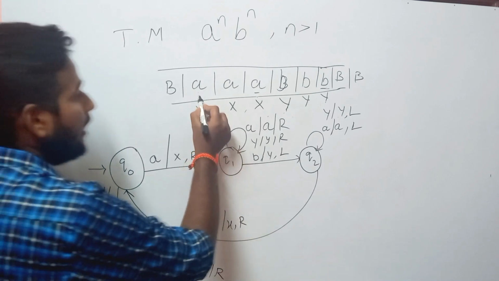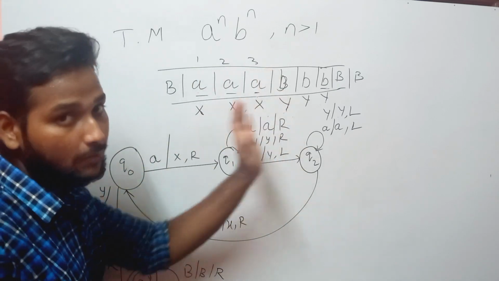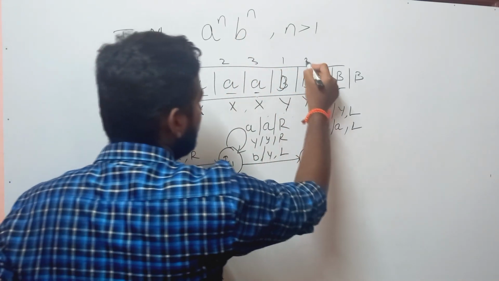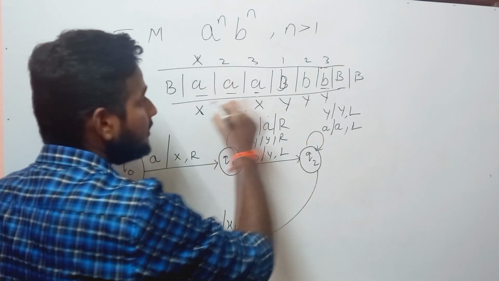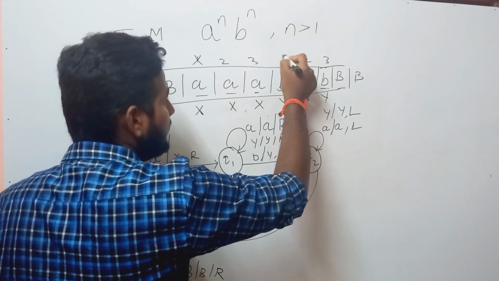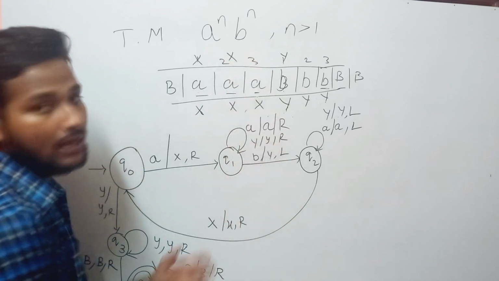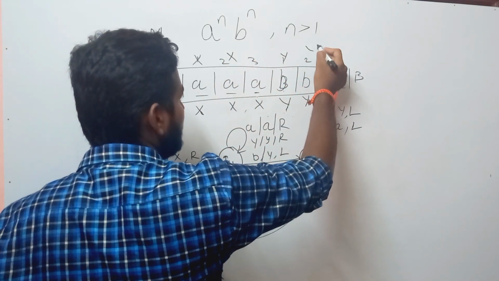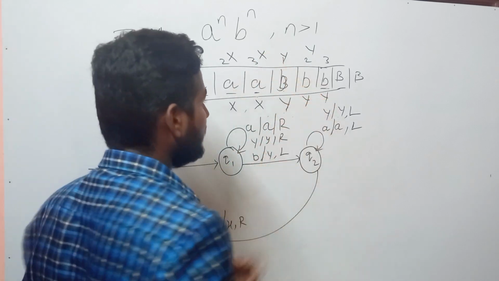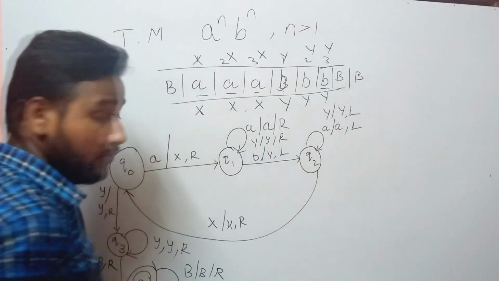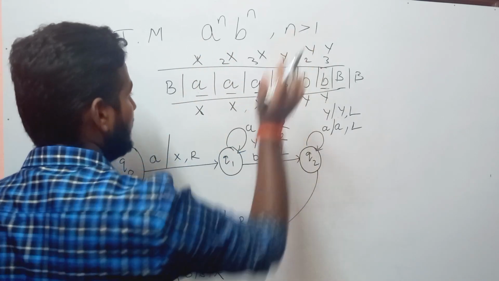For an equal number of A's, 1, 2, 3, followed by an equal number of B's, 1, 2, 3, we first make the first A an X, search for the first B and make it a Y. Then we search for the second A and make it X, and the second B and make it Y. Then the third A becomes X and the third B becomes Y. We can take any length of the input string of A power n and B power n following this condition.